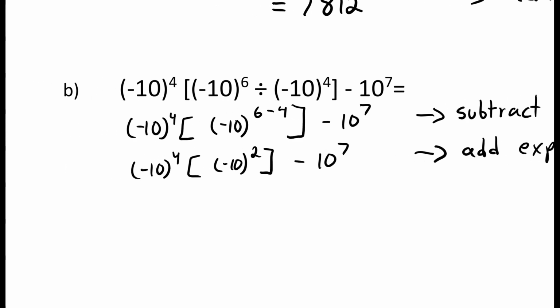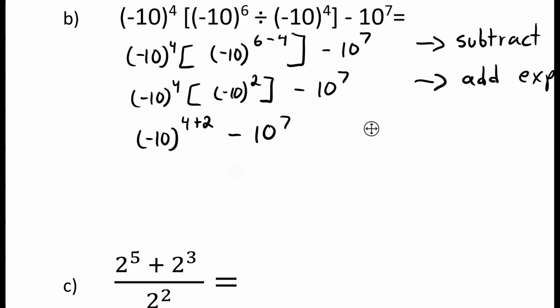So if we add the exponents, we're going to have negative 10 to the power of 4 plus 2 subtract 10 to the power of 7. Well, we're going to simplify this, and we're going to have negative 10 to the power of 6 subtract 10 to the power of 7.